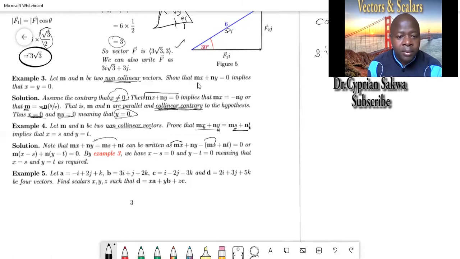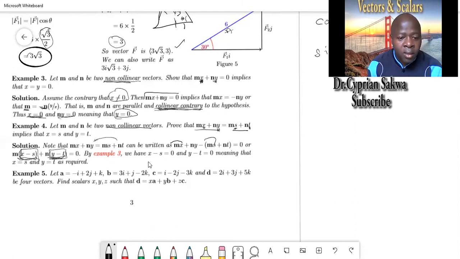Then by this example, I already know that this part plus this part equal to 0 implies that this constant equals 0 and this other constant also equals 0. That's why I say by this example, the constant that I'm multiplying by the vector equals 0, and this other constant equals 0.